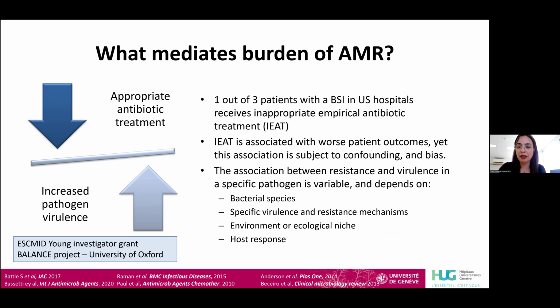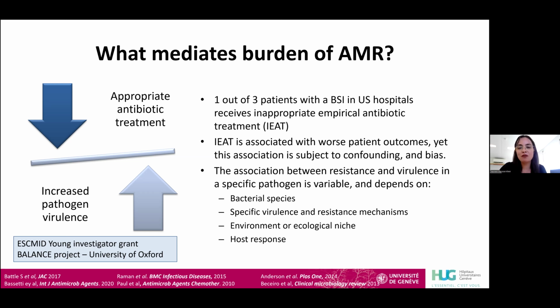It has been associated with worse patient outcomes, yet this association is very hard to estimate, and it's subject to confounding and bias. And there is another factor playing in this equation, and this is the virulence of resistant bacteria. The association between resistance and virulence in specific pathogens is very variable. It depends on different factors, such as the bacterial species. For example, Pseudomonas and Acinetobacter baumannii evolve very rapidly under antibiotic pressure and the virulence is increased.